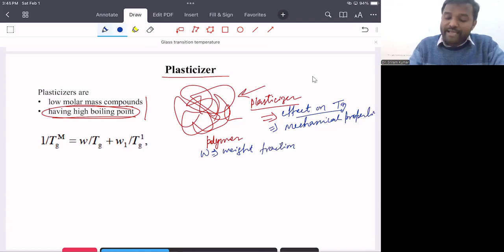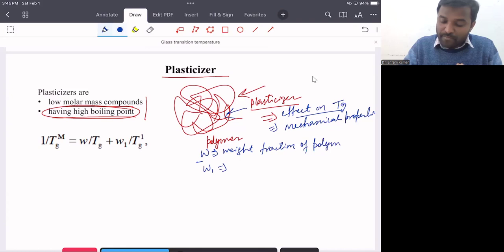If we add plasticizer to the polymer, we have some amount of polymer and some amount of plasticizer. So here W is the weight fraction of the polymer and W1 is the weight fraction of the plasticizer.